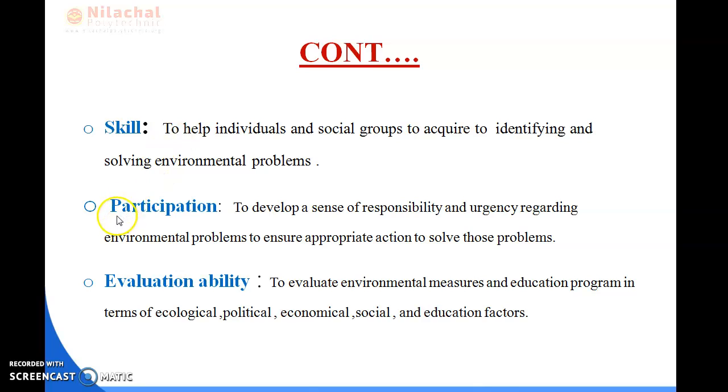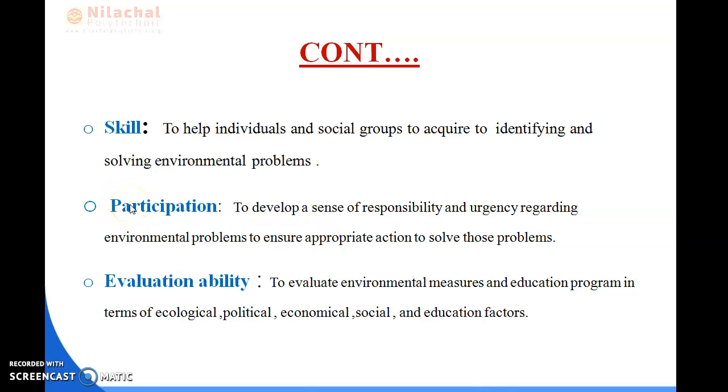Next one is your participation. Participation means to attend. Participation helps to develop a sense of responsibility and urgency regarding environmental problems, to ensure appropriate action to solve those problems.